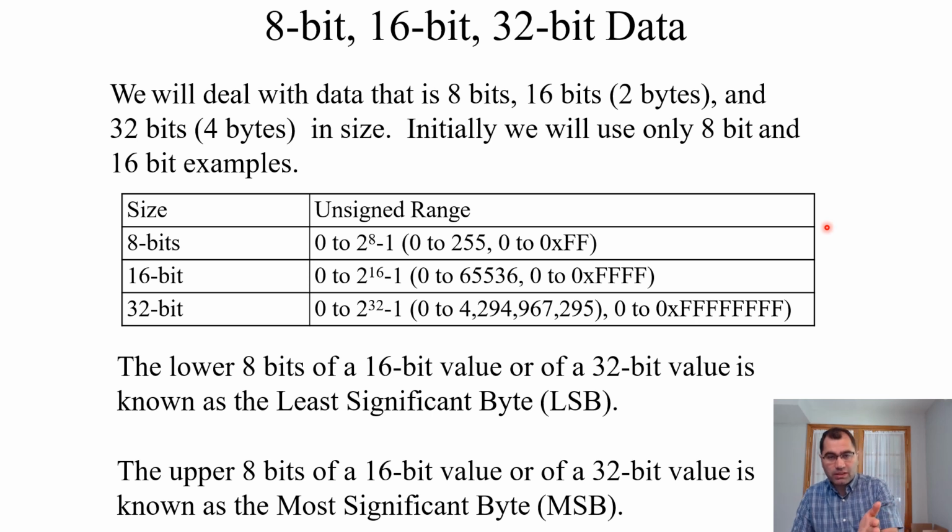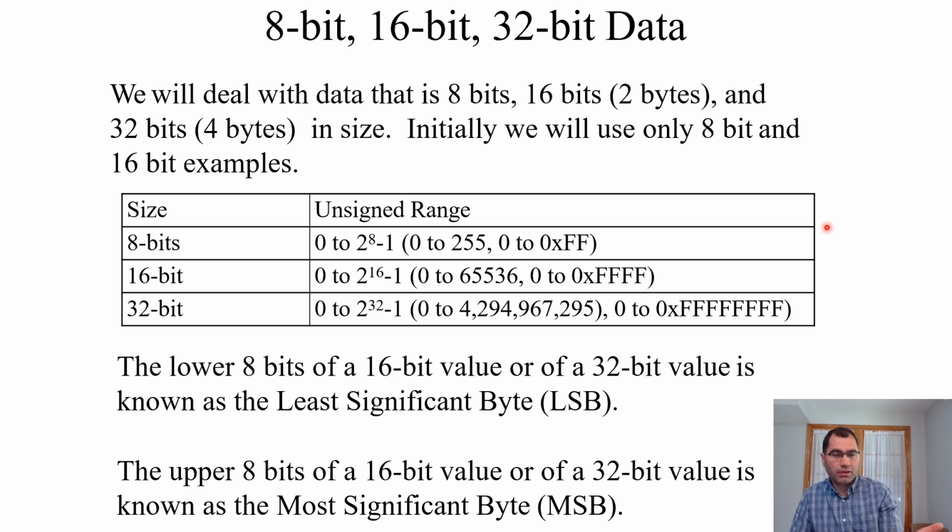In hexadecimal, the range is going to be from 0 to FF. In 16-bit, it's going to be from 0 to 2 to the 16 minus 1. In other words, it's from 0 to 65,535, or in hexadecimal, 0 to FFFF.